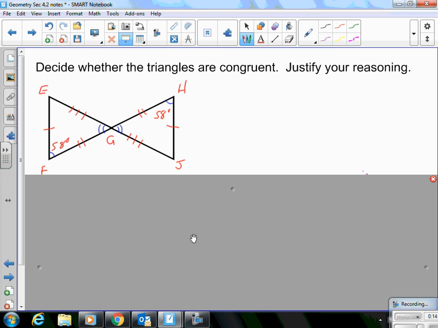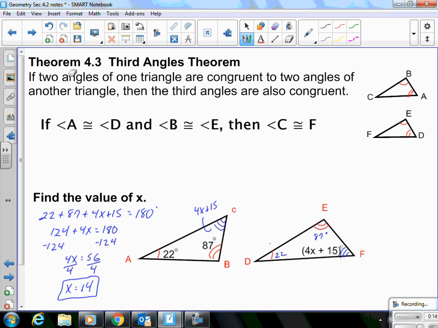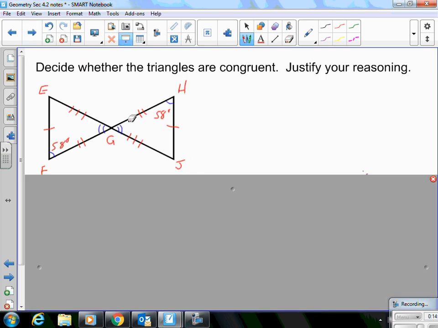And then now I've got everything marked congruent except for angle E and angle J. But since I've got two angles marked congruent right now, then I can rely on the third angles theorem. I know if these two are congruent, then the third ones have to be, right? So by the third angles theorem, we can get that E is congruent to J.